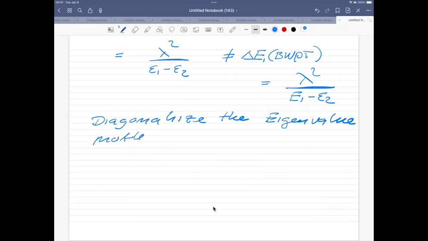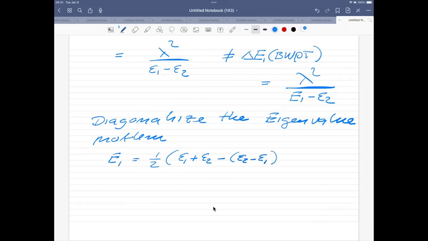And since this is a 2 by 2 matrix, it just gives us a second order problem. And that means that what we end up with for the lowest lying state is the exact solution, which is given by 1/2. And we have an epsilon 1 plus an epsilon 2. And then we have the minus sign because we are looking at the lowest lying state. And we have an epsilon 2 minus an epsilon 1 here.